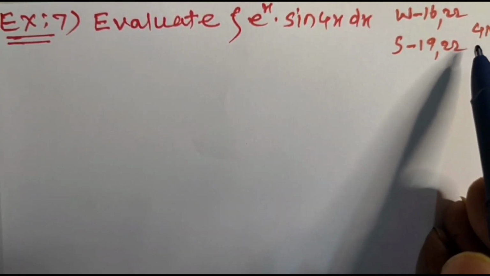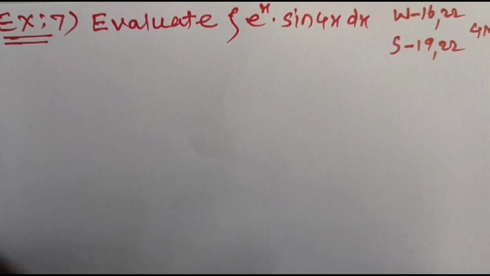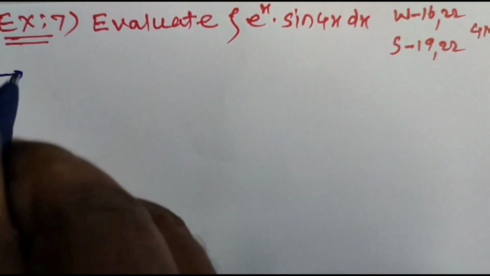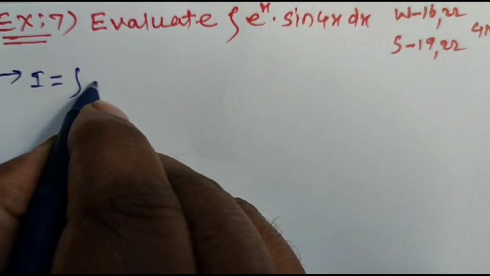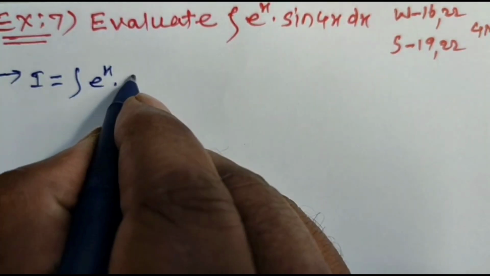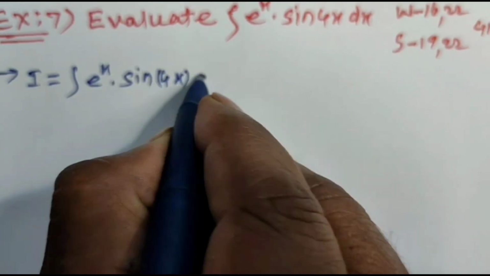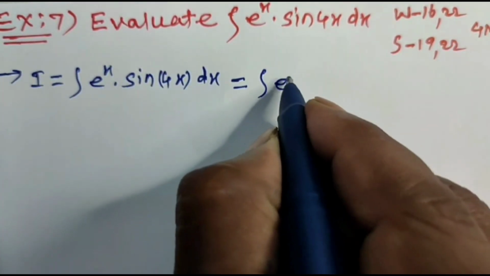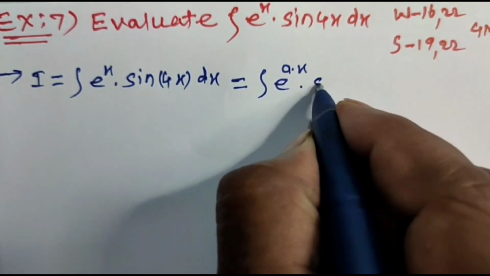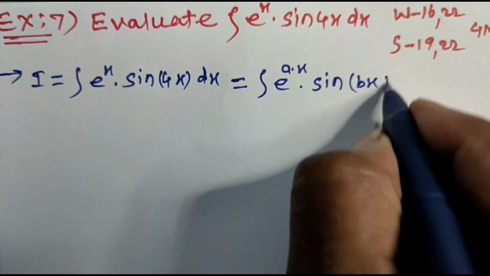Okay. So to evaluate this integral, again we have to use the same formula. First of all, the given integral I is equal to integral of e to the power x into sine of 4x dx. Compare this integral with integral of e to the power ax sine of bx plus c.